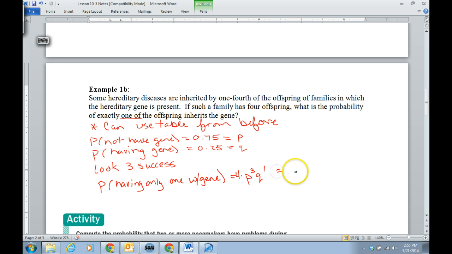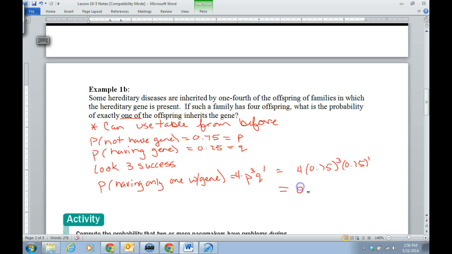Okay, so 4 times 0.75 to the 3rd power times 0.25 to the 1st power. The probability is 0.4219. So that means it's a 42% chance of having 1 kid out of 4 have the gene.